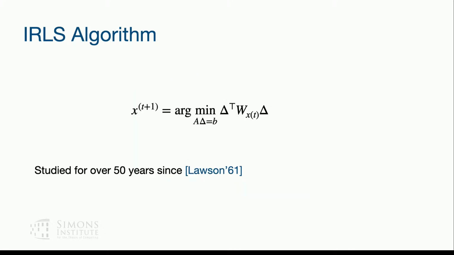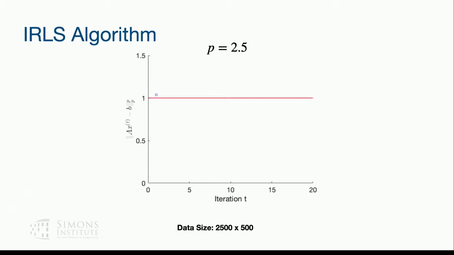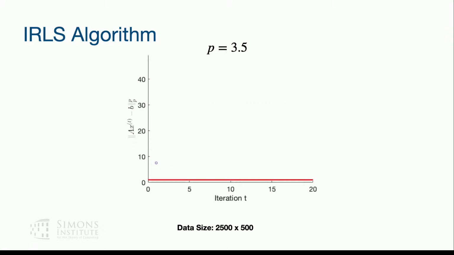It has been studied for over 50 years. For small values of p, between 1 and 3, we know that this converges in the limit, but we don't really know the rate of convergence. But in practice, it has been seen to converge quickly.